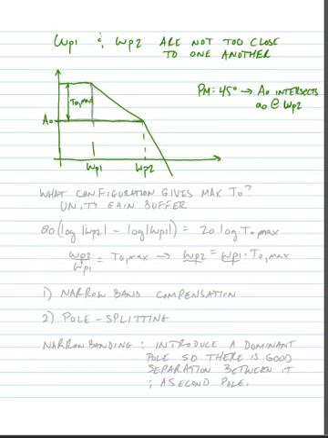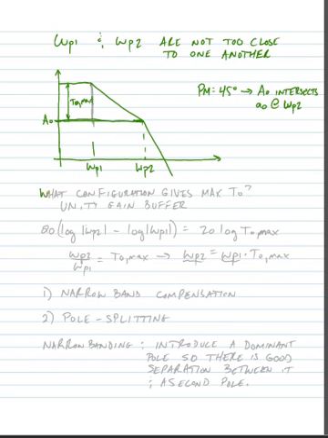Now what we want to do is set our maximum loop gain so that it intersects at this point. This will ensure that we have a stable, fast settling time at the maximum loop gain that we desire to use.